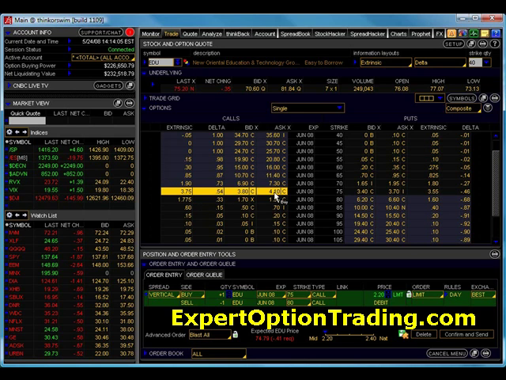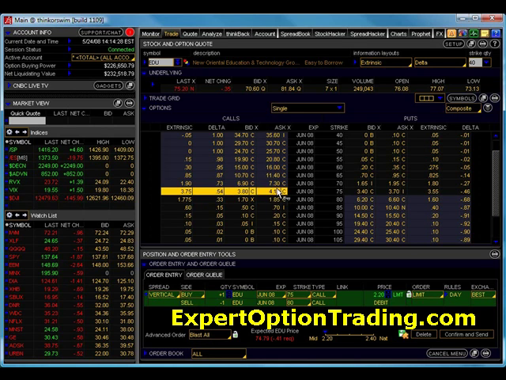In other words, there is no actual intrinsic value in this option. It's not in the money. It is at the money. This is considered an at the money option. Therefore, the price that you're paying for this option is all time value.